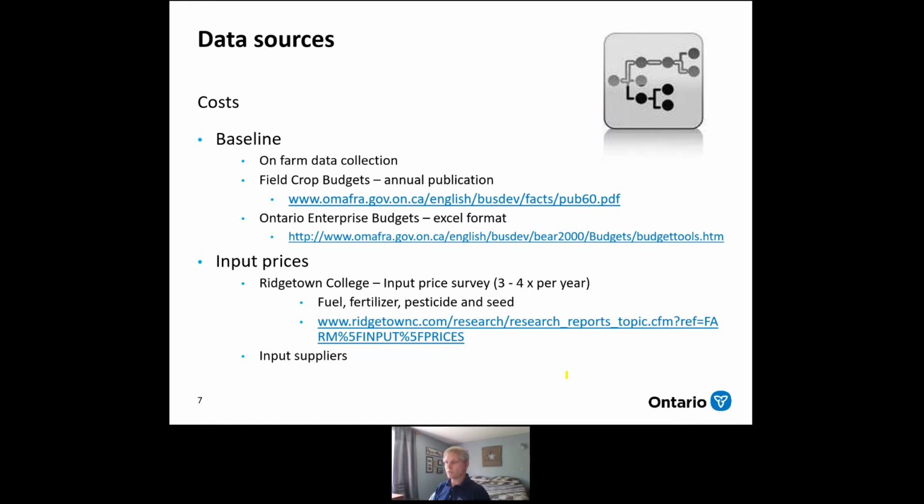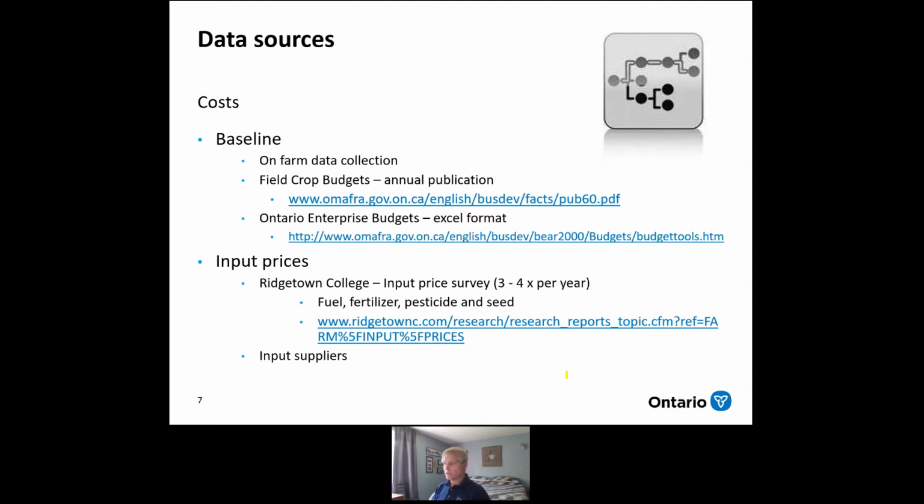We also have them in Excel format, which is useful when you're trying to make some of those changes that you're looking at on the research side of things, to see what some of those impacts are. So we've got 20, 30 plus field crop budgets available online for you to access in Excel format to work through if you're looking for a tool.